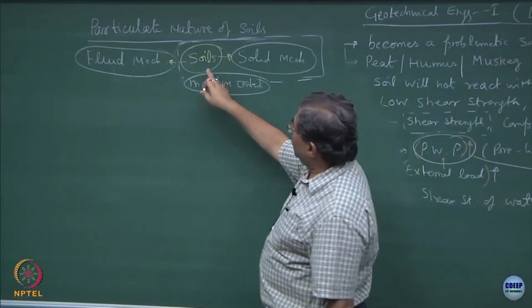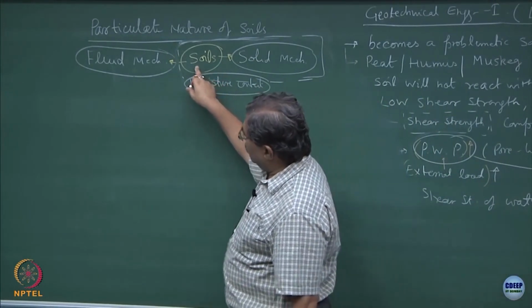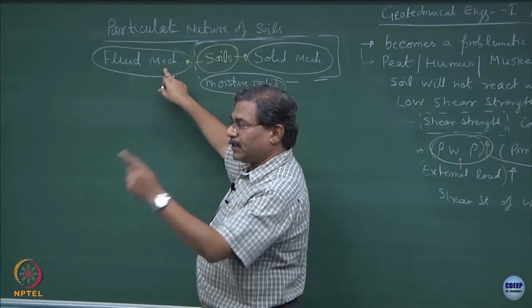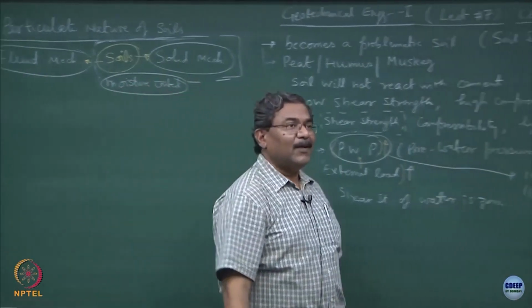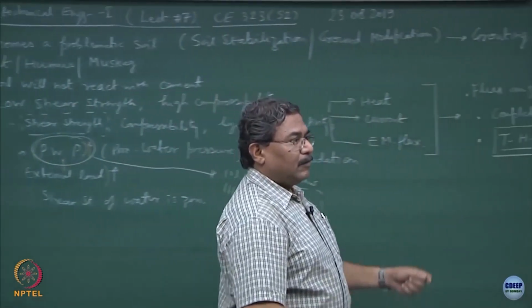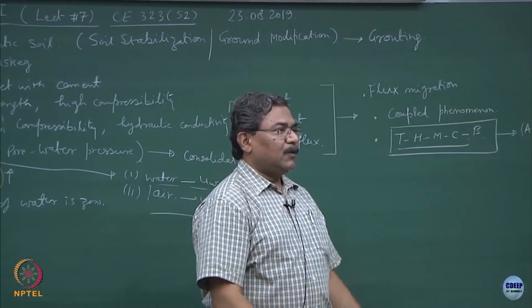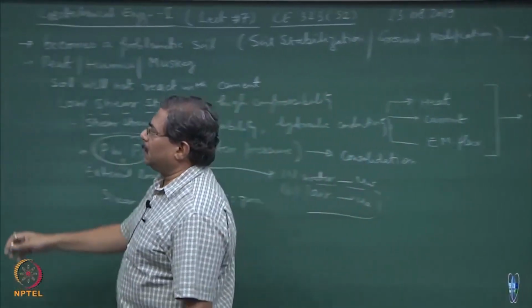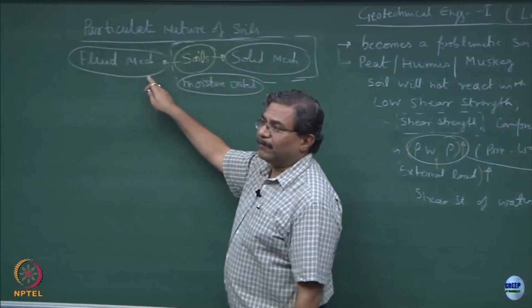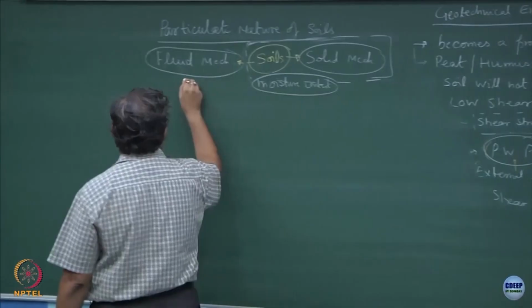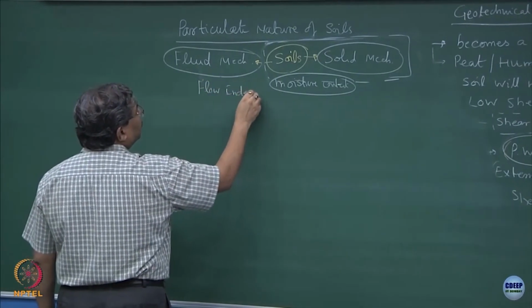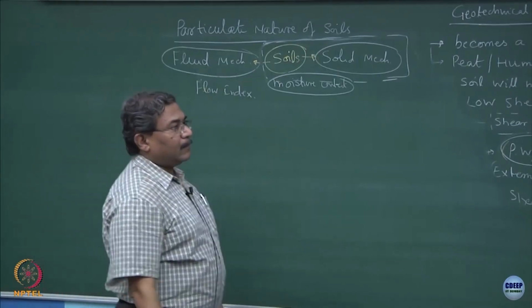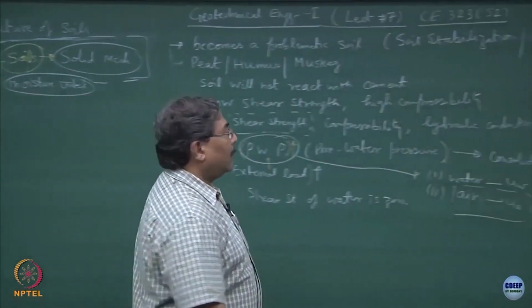You keep on increasing the moisture in the soils, they get transited to a fluid state, they start flowing, and hence you have to study the fluidity of the soil. So, we will use a term known as the flow index of soils when we characterize the soil, because it is in a flowing state.